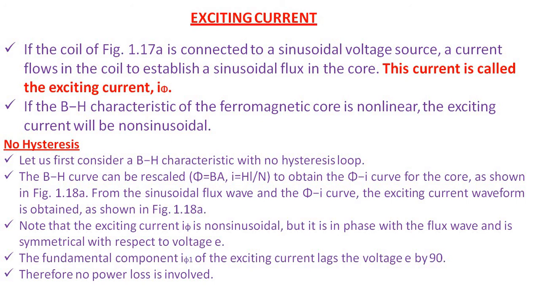Note that the exciting current I phi is non-sinusoidal but in phase with the flux wave and is symmetrical with respect to the voltage. The fundamental component of the exciting current lags the voltage by 90 degrees. Therefore, no power loss is involved.